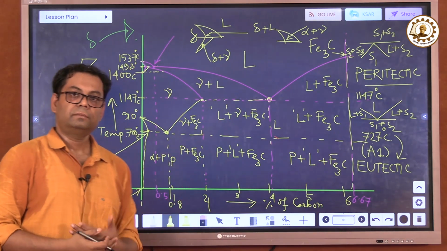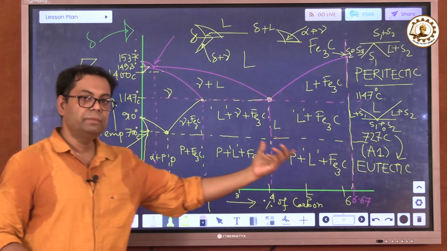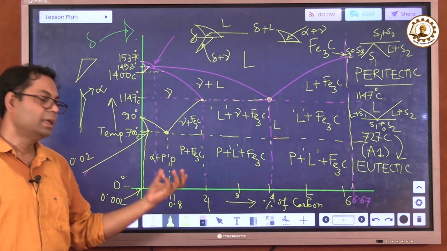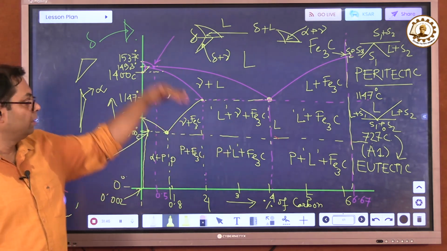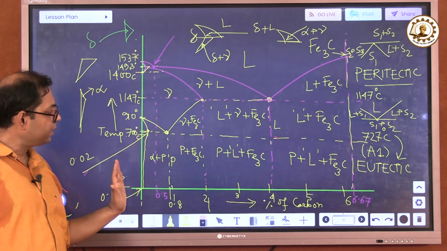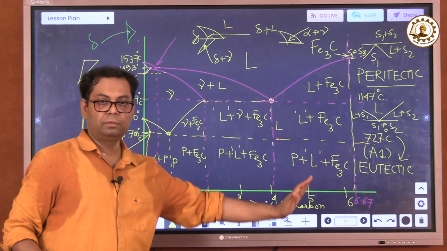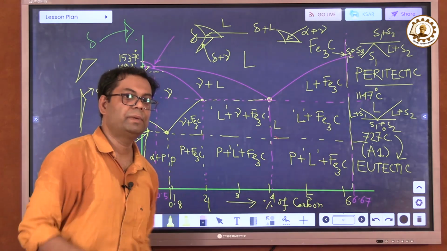So that's all. So this is the interpretation of the phase diagram and identification of different phases, especially those that appear during the cooling process from pure liquid state to room temperature at different percentages of carbon contained within it. That's all. Thank you very much. See you soon.